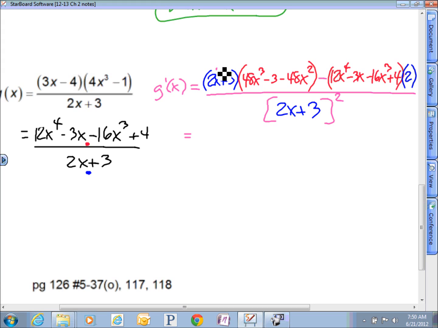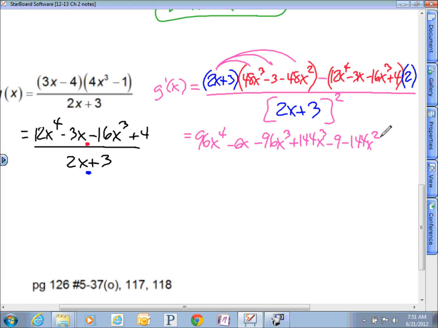So I'm going to start out by distributing this 2. If we do that, I've got 96x to the 4th minus 6x minus 96x cubed, and then we'll distribute the 3. If we distribute the 3, I've got plus 144x cubed minus 9 minus 144x squared.